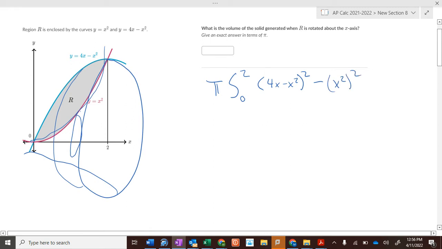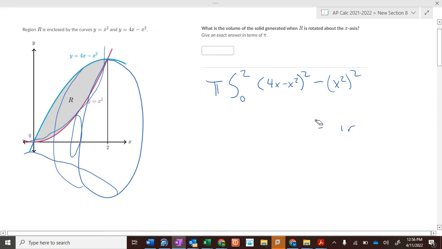That's pi r squared minus pi r squared, and if we factor out the pi, then it's r squared minus r squared.